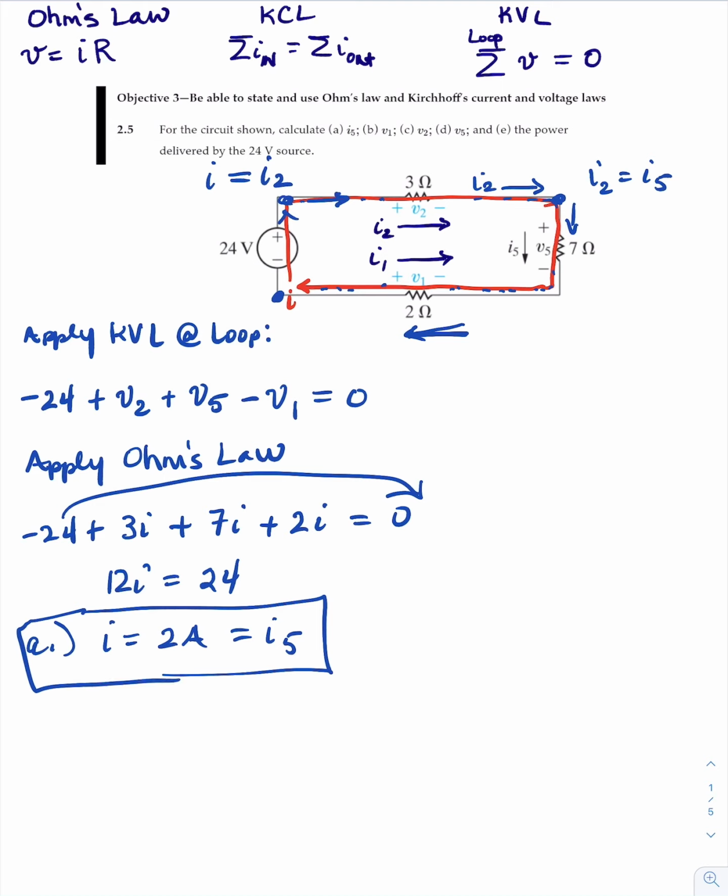All right, now we want V sub 1. Okay, so at this node, I sub 1 is coming in and I sub 5 is coming in. So I sub 1 in, so I sub 1 is equal to minus 2 amps. They're both coming in.